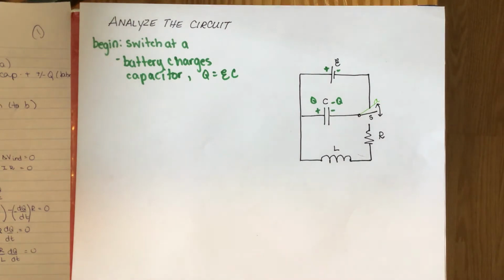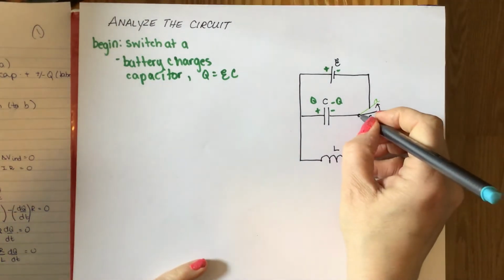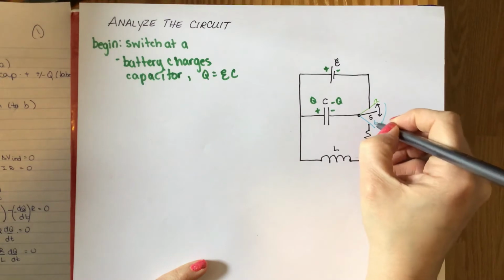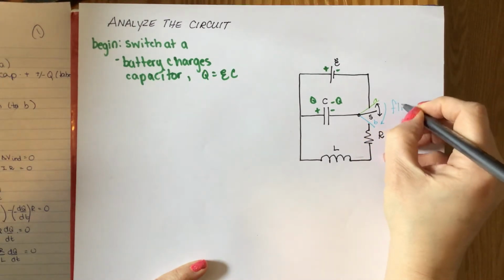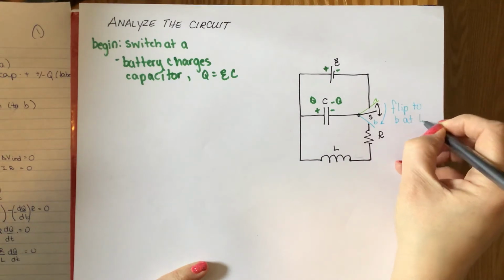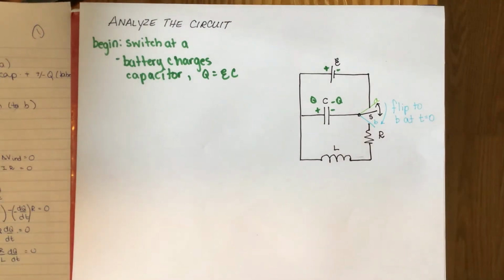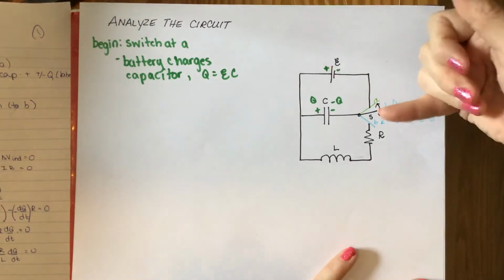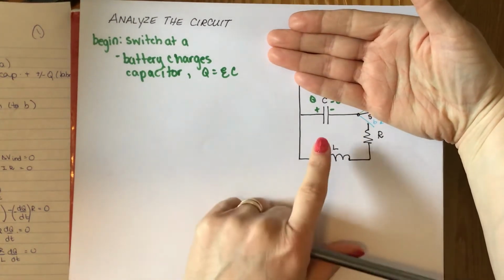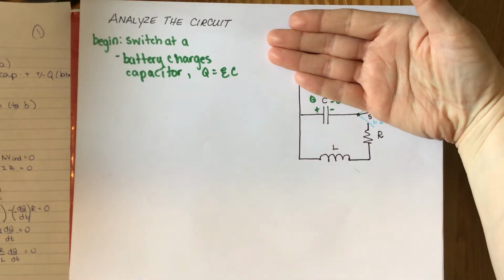Where do we go next? Well, at t equals 0, let's flip the switch down to B. Now what that means is at t equals 0, this part of the circuit is broken, and this is the circuit we have left: the capacitor, the inductor, and the resistor.